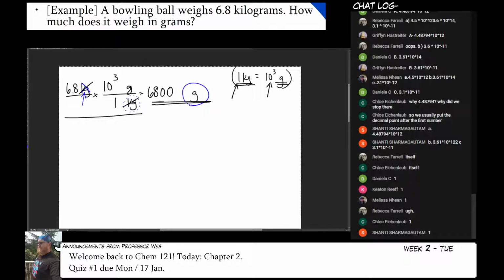So a bowling ball with mass 6.8 kilograms would weigh 6,800 grams. All right. These types of problems are going to be all about setting up the units so that the ones you don't want cancel. The ones that you do want should be what are left over. We're going to have to do that over and over and over again. That's going to be our exercise here.